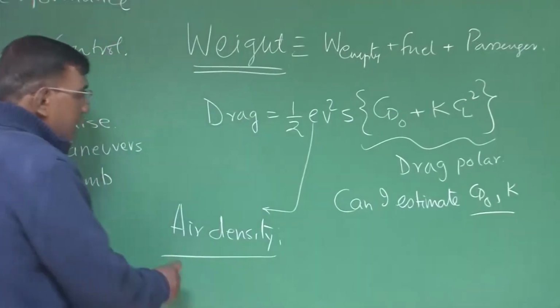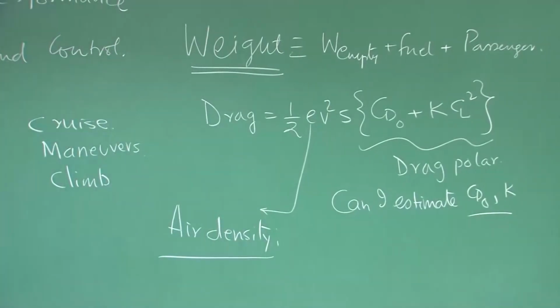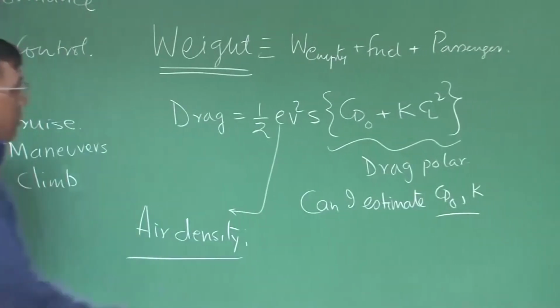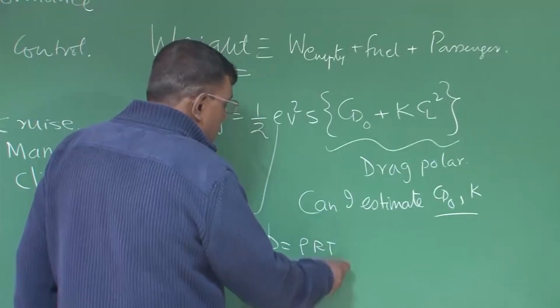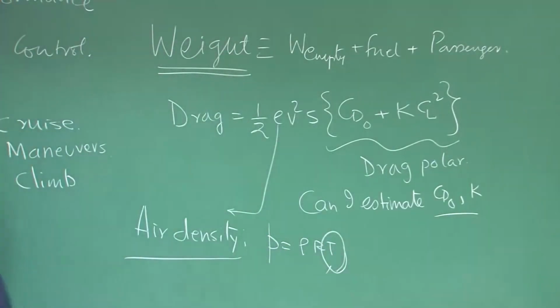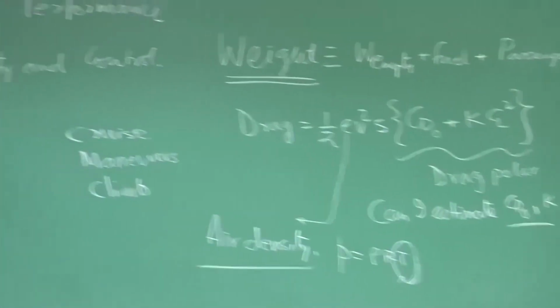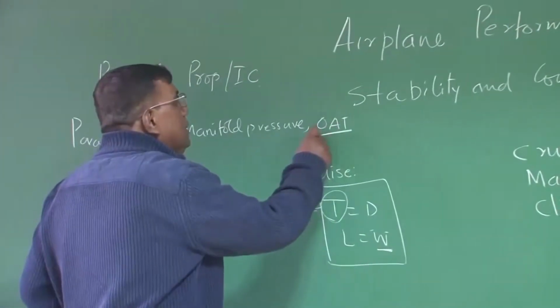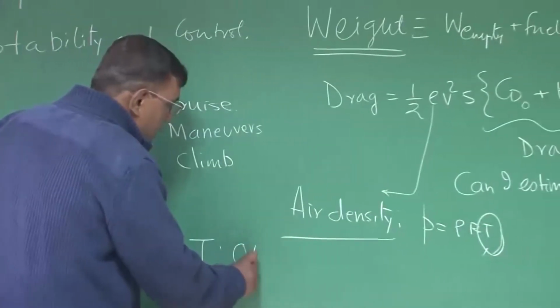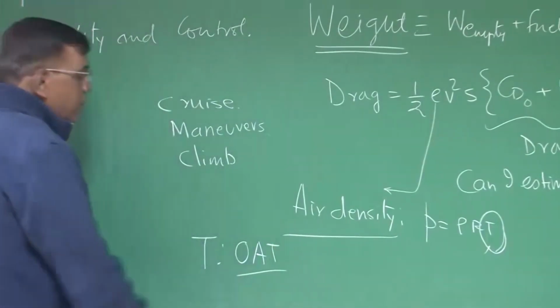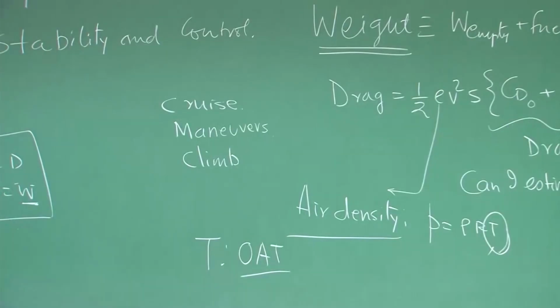How will I calculate the density of air when it's flying at some altitude? Very important, we'll be following the gas law, rho equals P by R T, and this T we'll measure using an outside air temperature indicator. This T will be taken from the outside air temperature indicator, which is in the cockpit.